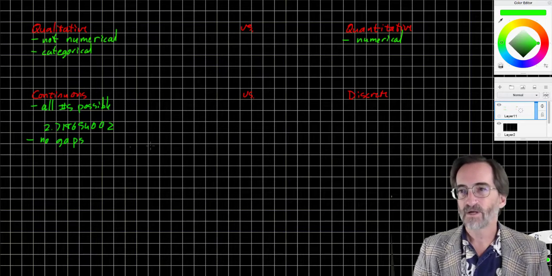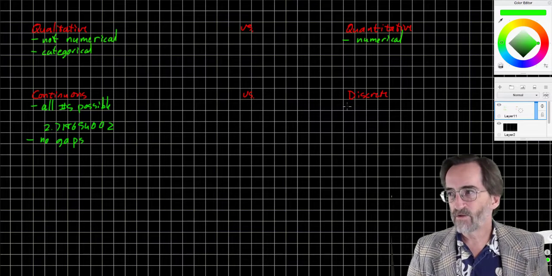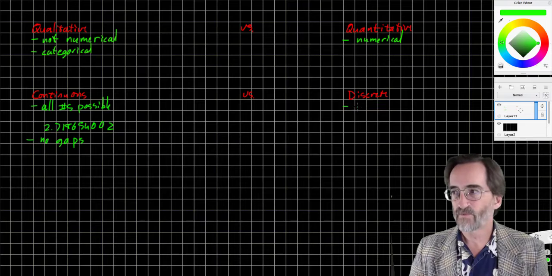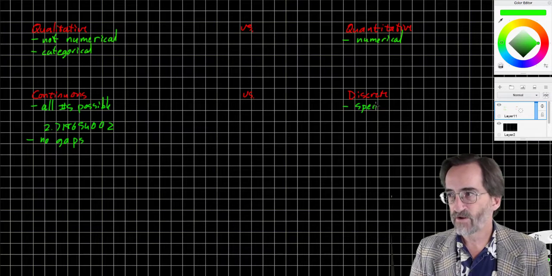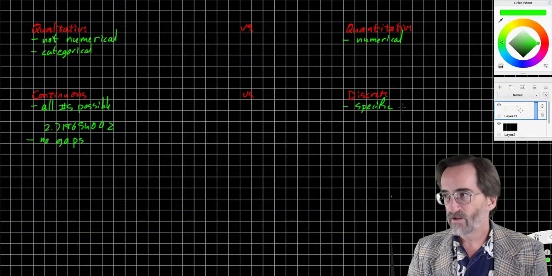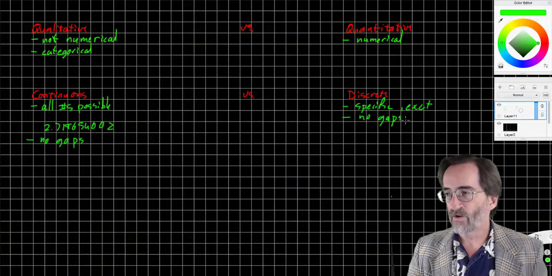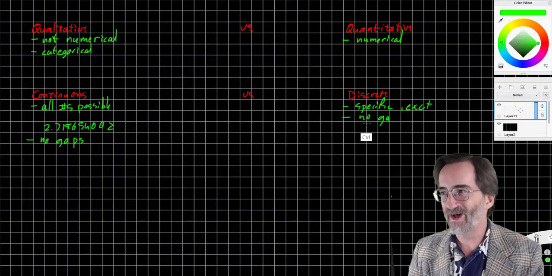Discrete basically means that there are gaps. Discrete means specific, or exact. Sorry, there are gaps in discrete. There are no gaps in continuous.